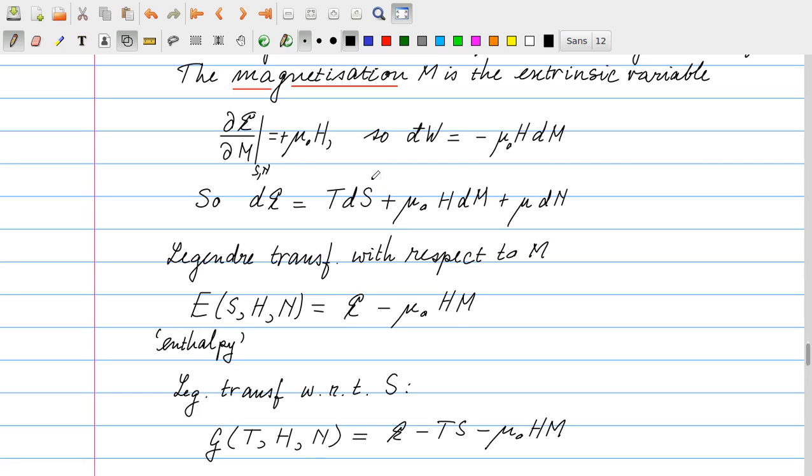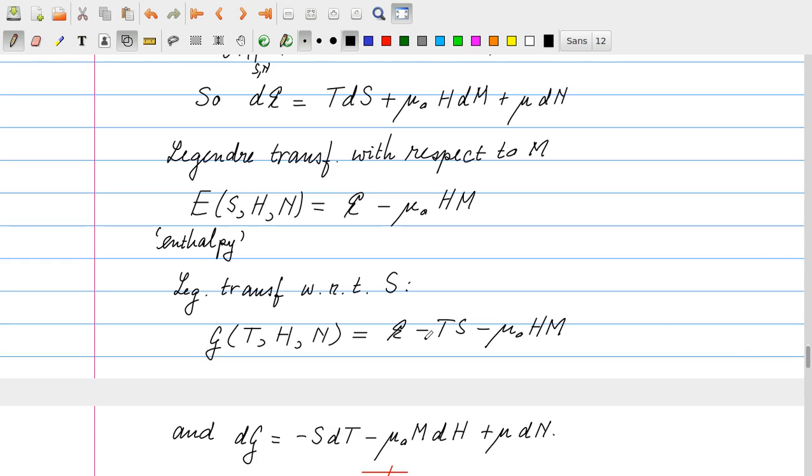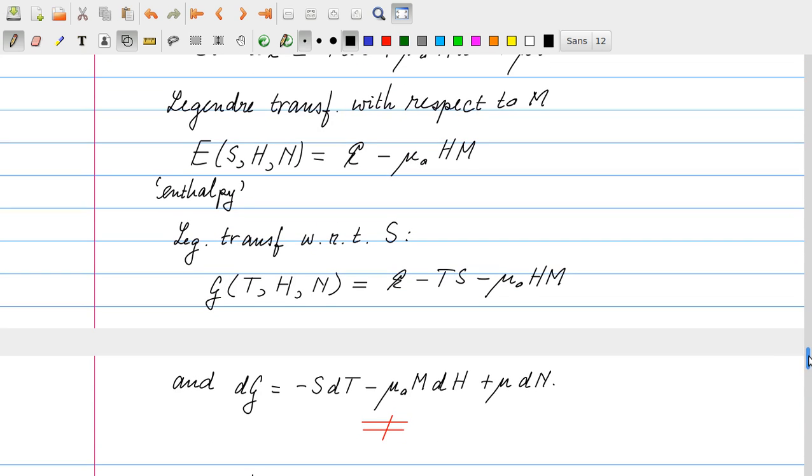But of course we also usually control the external temperature and not the entropy of the system. So we should also perform a Legendre transformation with respect to S. And again, we follow the rules, we subtract a factor of TS, and then we have a thermodynamic potential, which we can best describe as a Gibbs free energy, because we have performed two Legendre transformations analogous to what we would do in a gas.